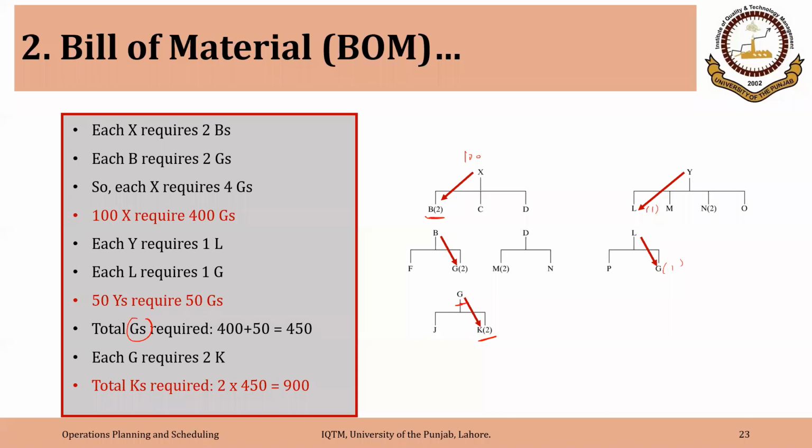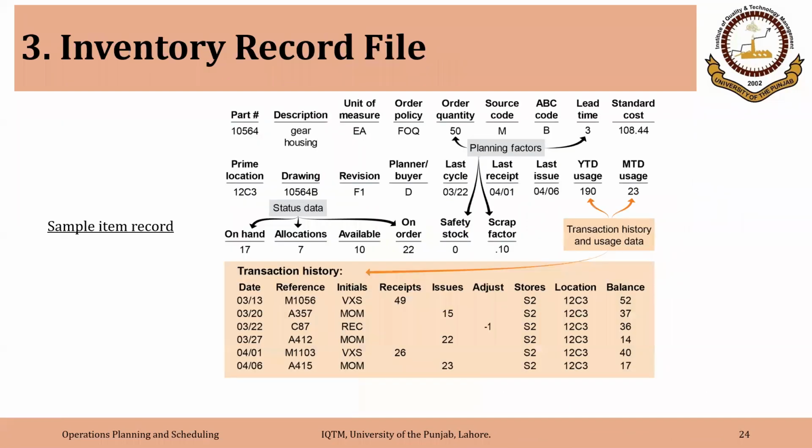Or in other words, we can say that there are 800 Ks required for X and 100 Ks are required for Y. I hope that this is clear. This process is called exploding the requirements.